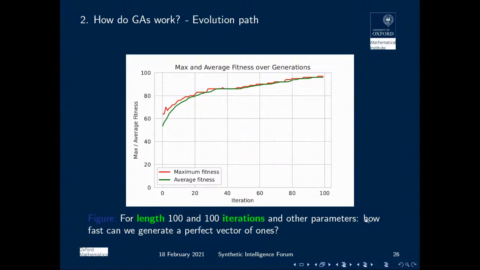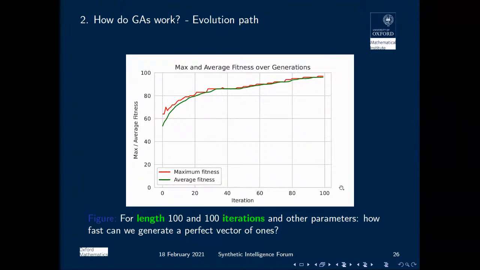There are other parameters at play. I'm not going into much detail there, but it is interesting to see that with such simplistic steps, and it looks simple, it is simple, it looks basic, it's still surprisingly efficient. You can see that between the score 0, in which we have a very bad vector, everything is 0, and 100, in which everything is 1, from a random population, we actually converge pretty quickly to a good result.